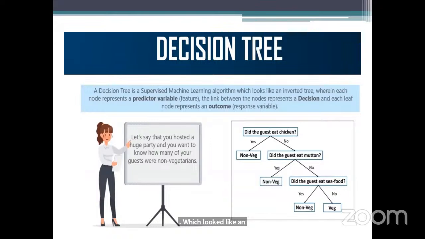Very interesting one: in a decision tree, each node represents a predictor variable, the link between the nodes represents a decision, and each leaf node represents an outcome.